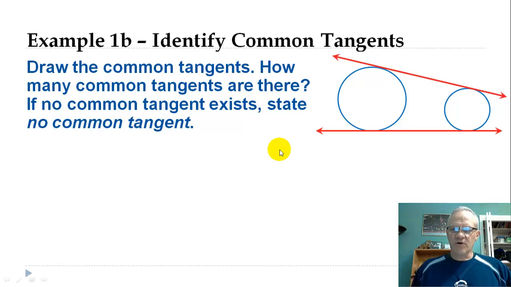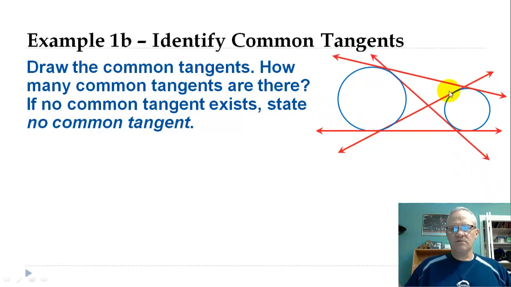If you look, you go, hey, what if I drew a line somewhere in between there like that? That would be a common tangent because it's tangent to both of those. And there's one more, just like that. So in that case, we've got four common tangents that we can do on that one.